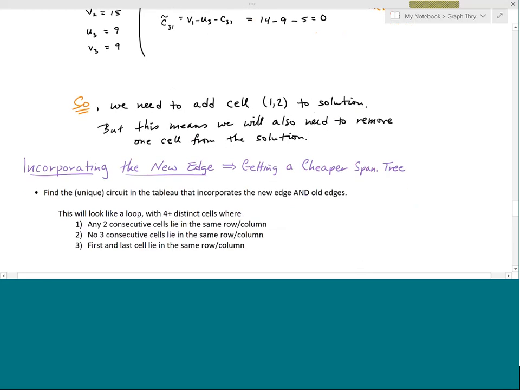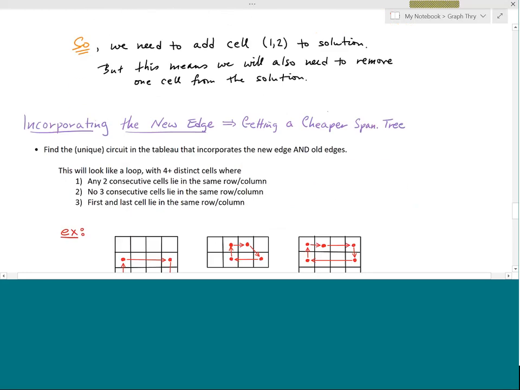So adding in a new cell is us attempting to get a cheaper spanning tree, but every time you add in a new edge to a current spanning tree, you close the circuit. It's just what happens when you have a tree, okay? Which means we have to remove an edge, and we remove one of the other edges in the circuit we just closed, okay?